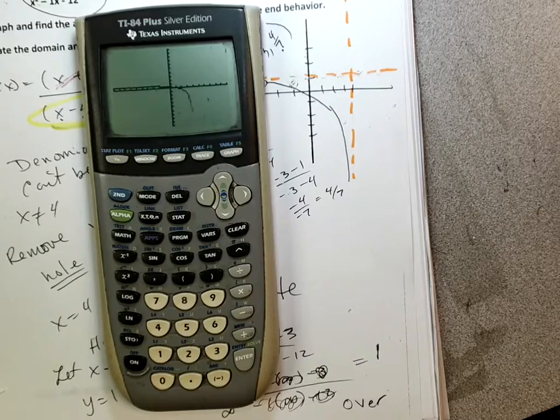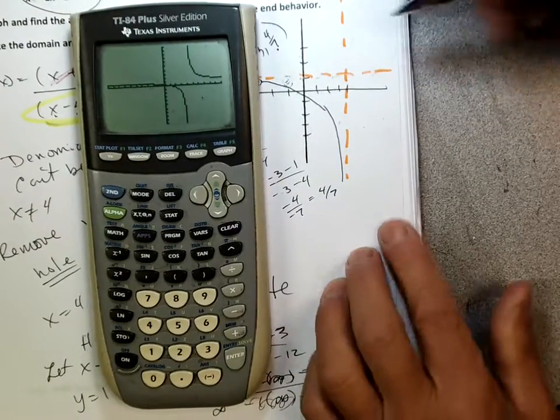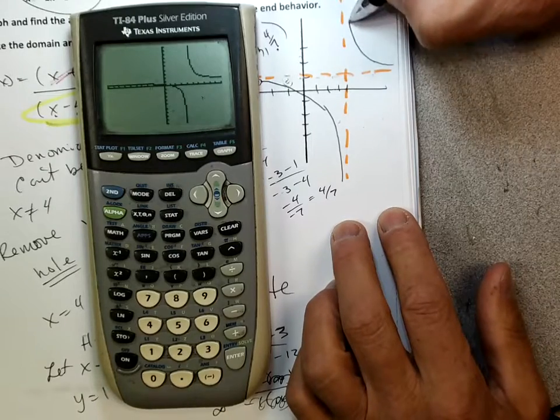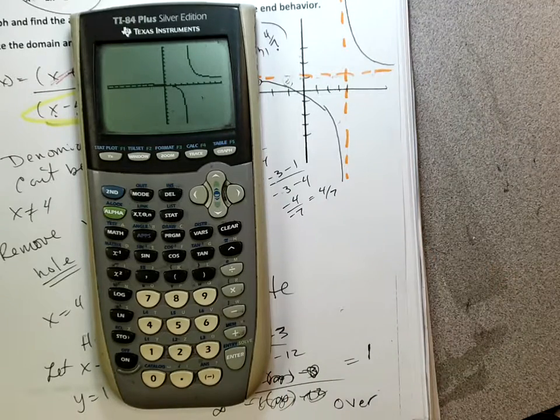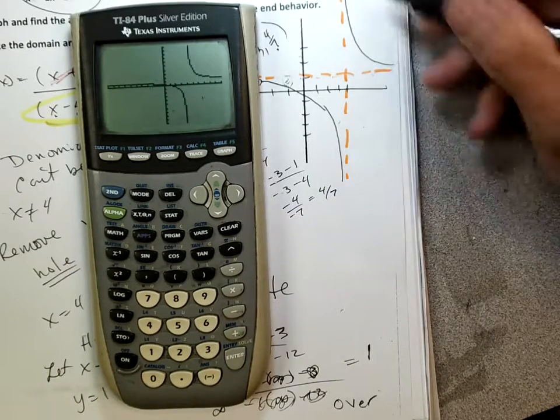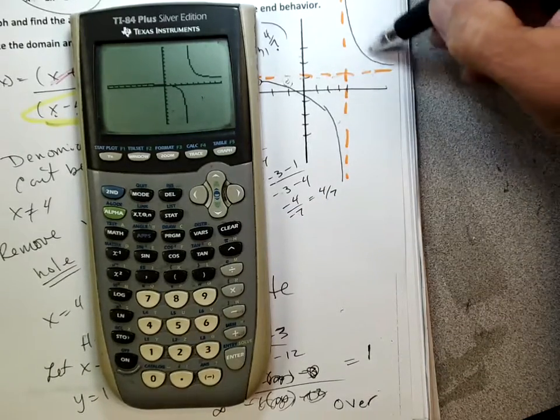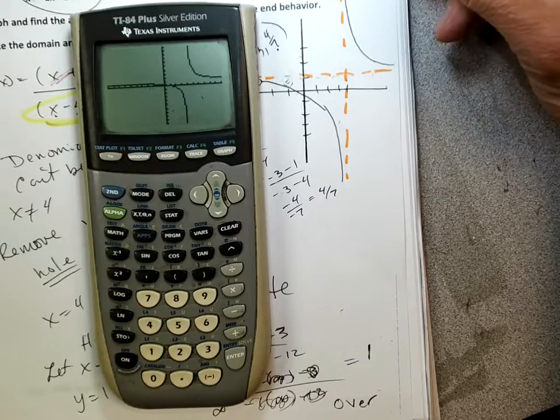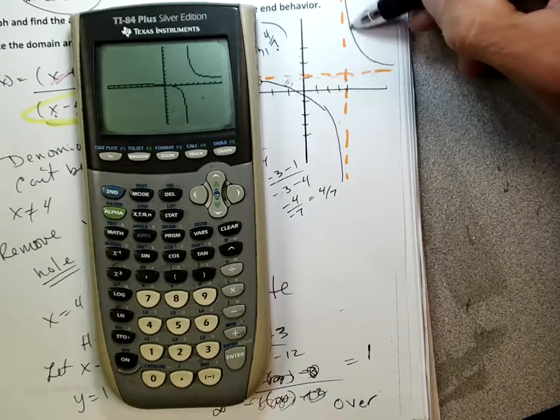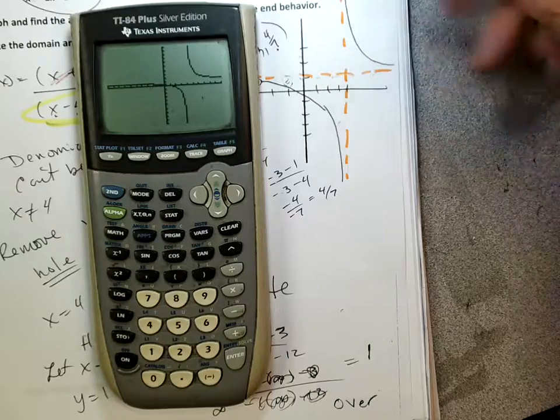The other half of this graph has to be up here. Think of your asymptotes, your orange lines, as borders. As you graph it, they're going to approach your asymptotes. They're like borderlines. So as you get closer here, it approaches this one, it approaches this one.